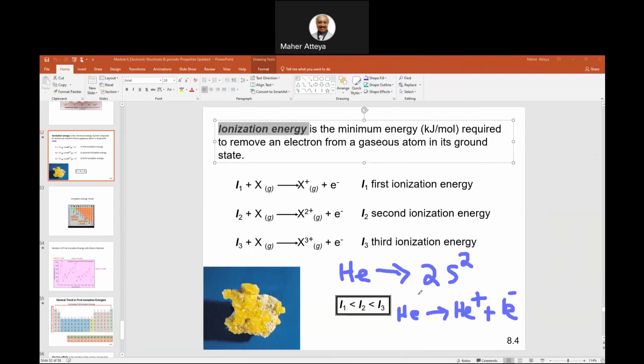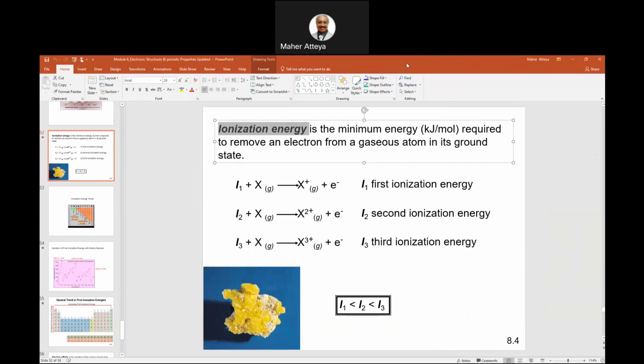This is the first ionization, I1. Then I take the second one, He positive here, pull further 1, that will be helium 2 positive, plus I'm pulling another electron.